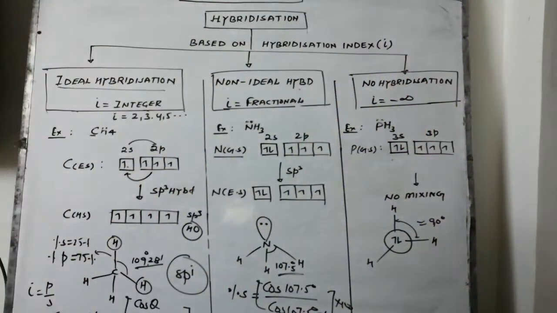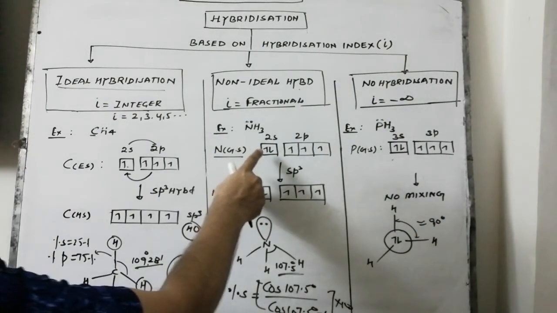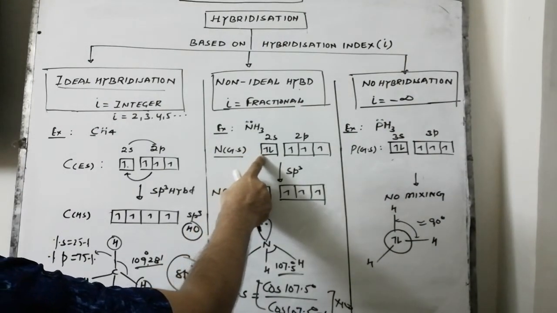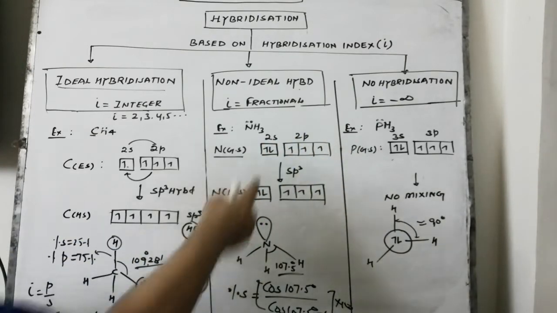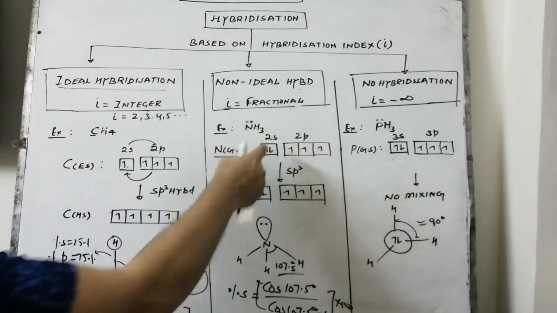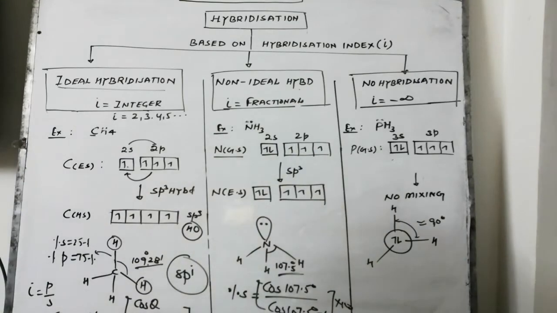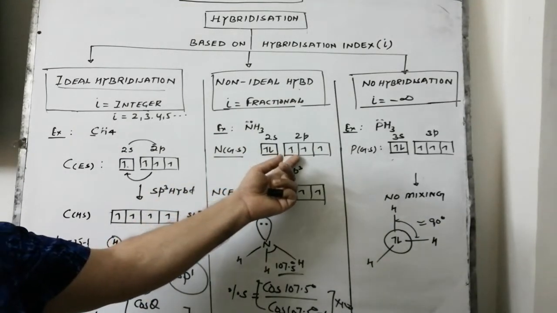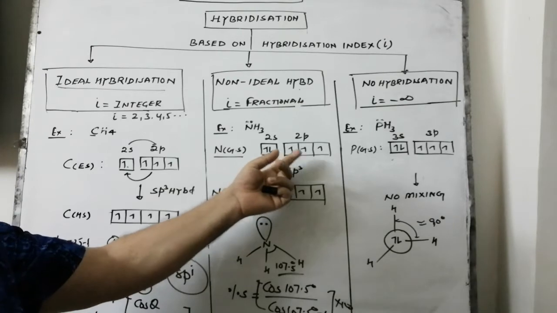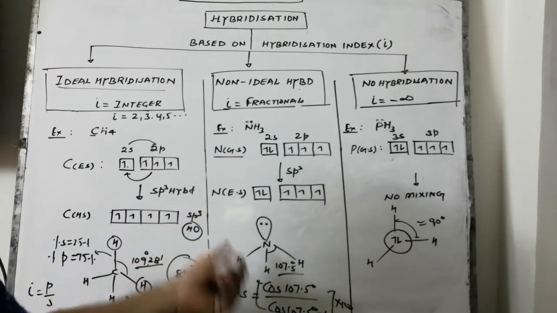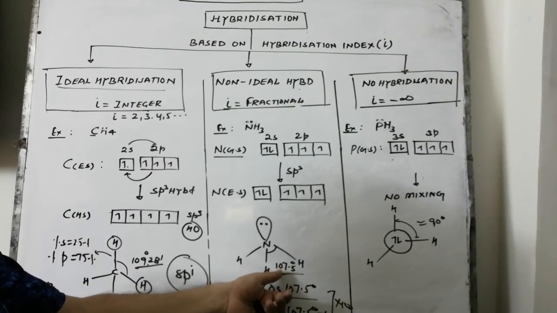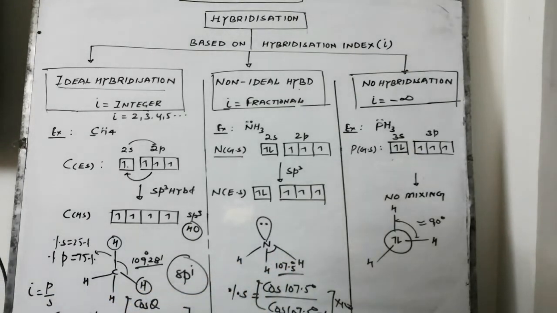The reason for this is very explicit, because the lone pair is not interested in mixing with the p orbitals. The p orbital is very much interested in being mixed with the s, because due to steric reasons it wants to expand the bond angle from 90 degrees to a higher value, that in this case is 107.5 degrees.